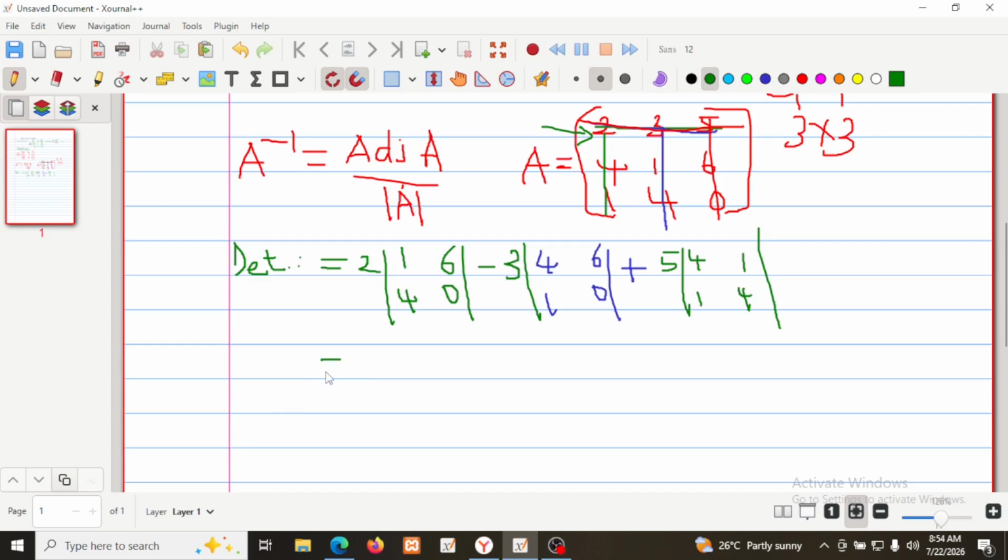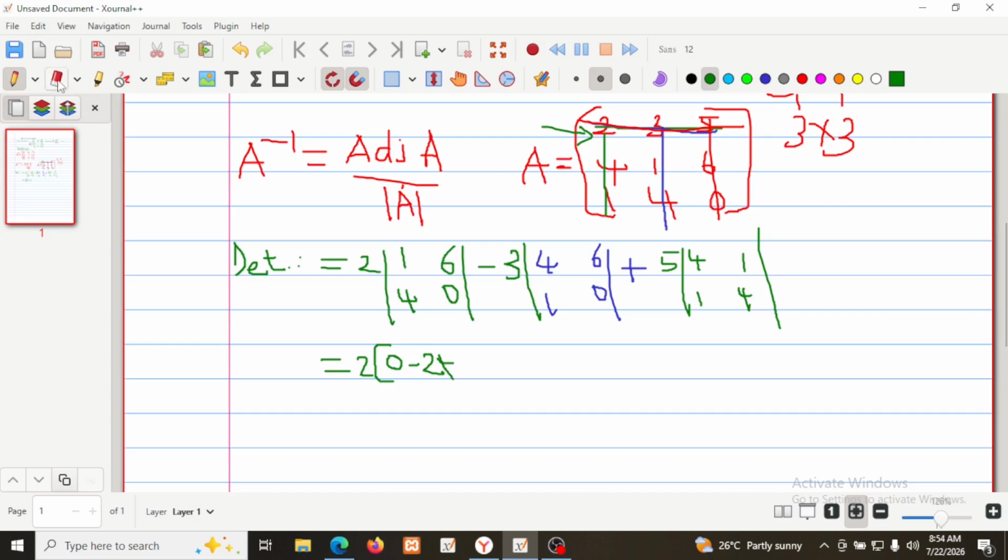So this will be equal to 2. Then we find the determinant of the 2 by 2 matrix. So it is 1 times 0, which is 0, minus 6 times 4, this is 24.